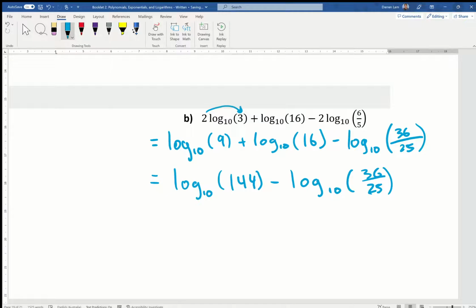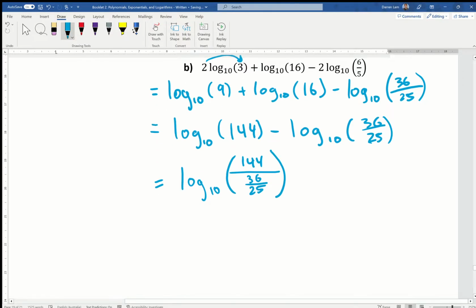Exponentials booklet, page 16. Of course, if we're subtracting, we can divide, right? Now, I'm going to use notation that might be a little bit confusing. If you want to take this step by step, you're more than welcome to. I'm just going to write log base 10 of 144 divided by a smaller fraction here.